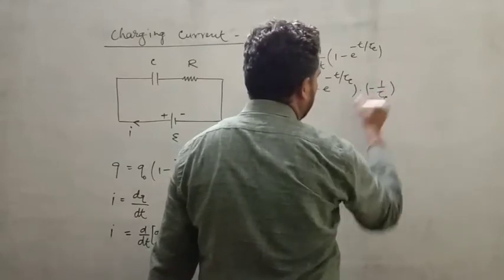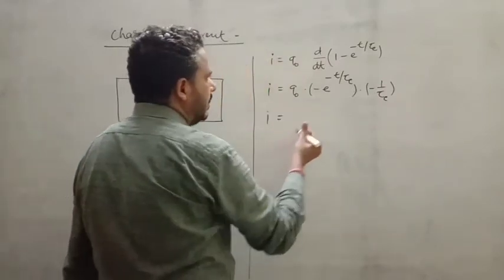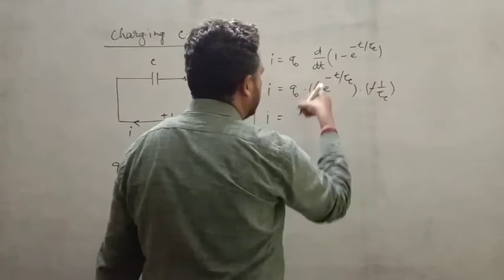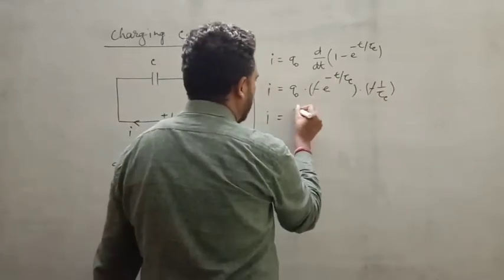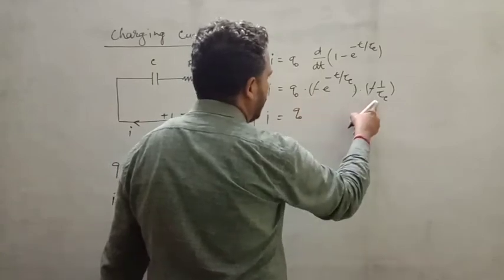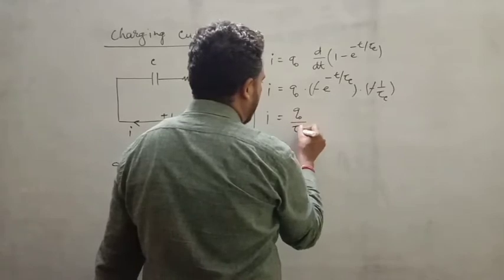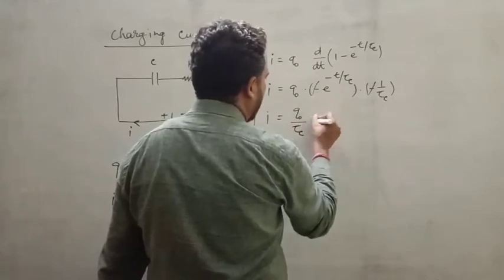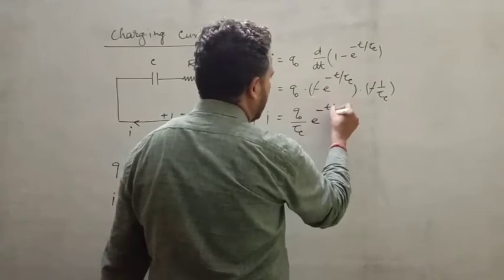You see that this negative and this negative, in product, cancel. So what you will get here is Q naught divided by tau c times e to the power minus t by tau c.